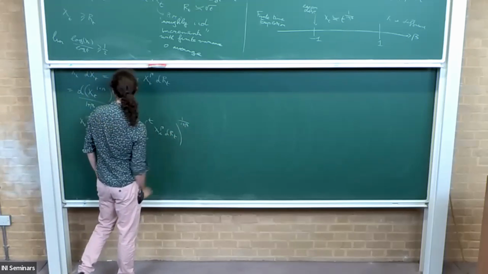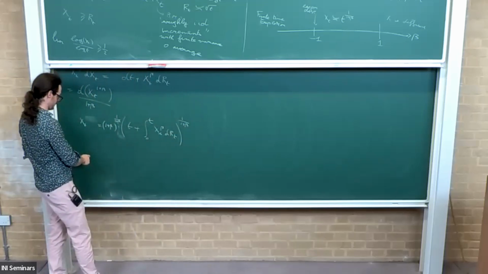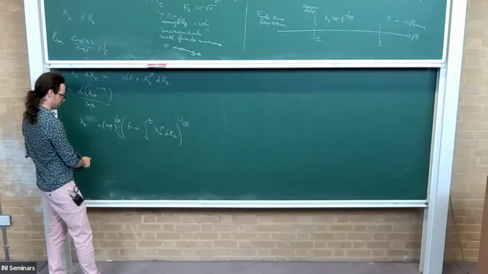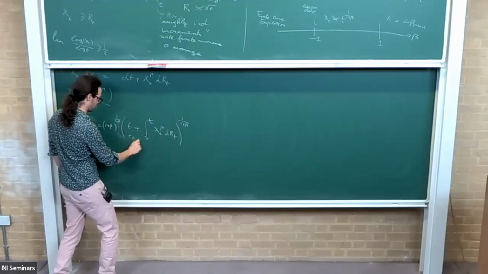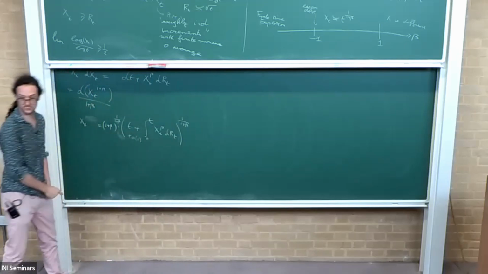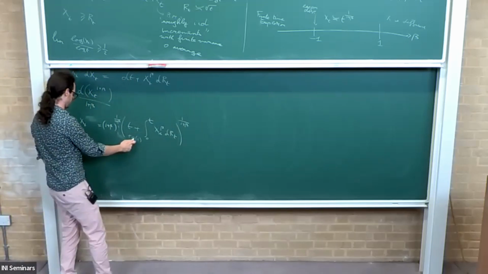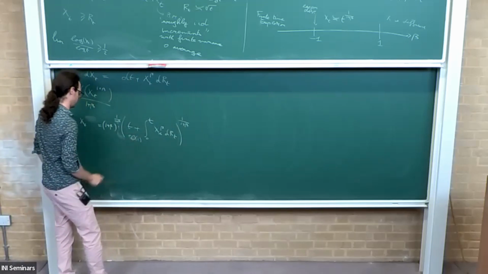So I should have here plus a big O of 1 inside the parenthesis, which is just the value at 0.